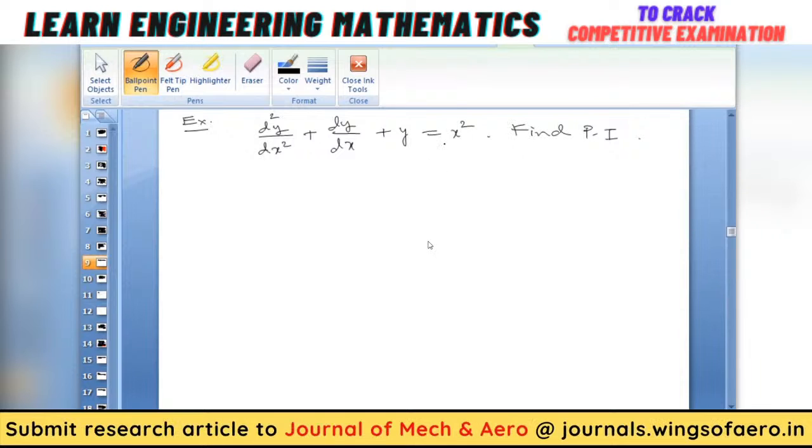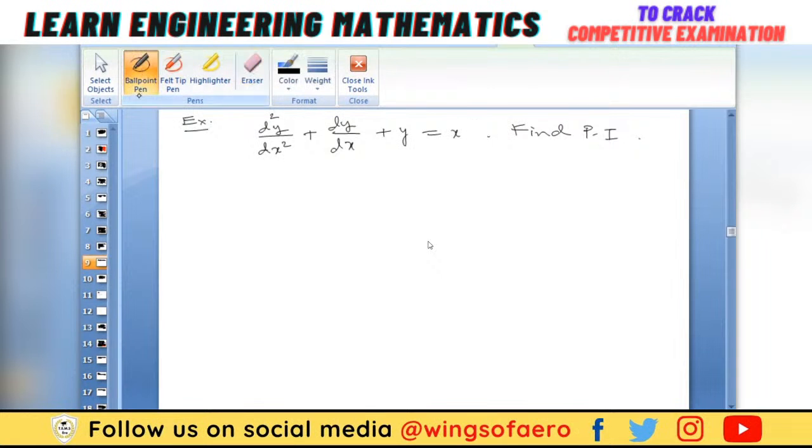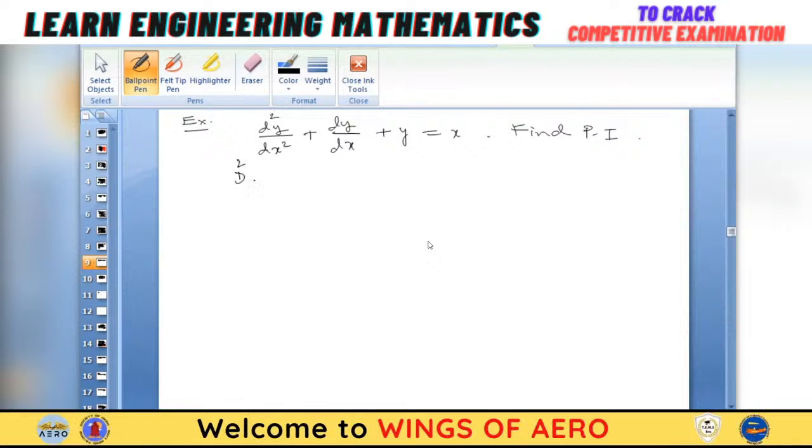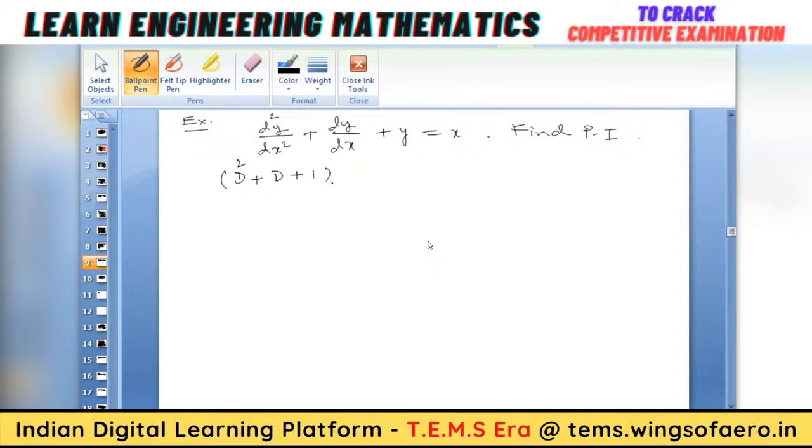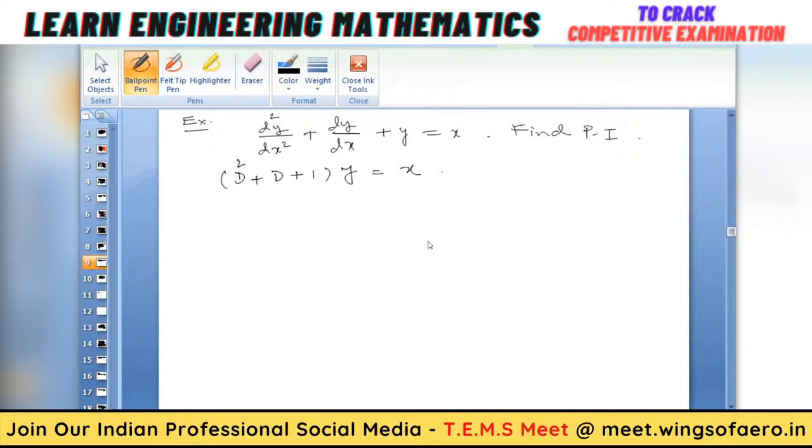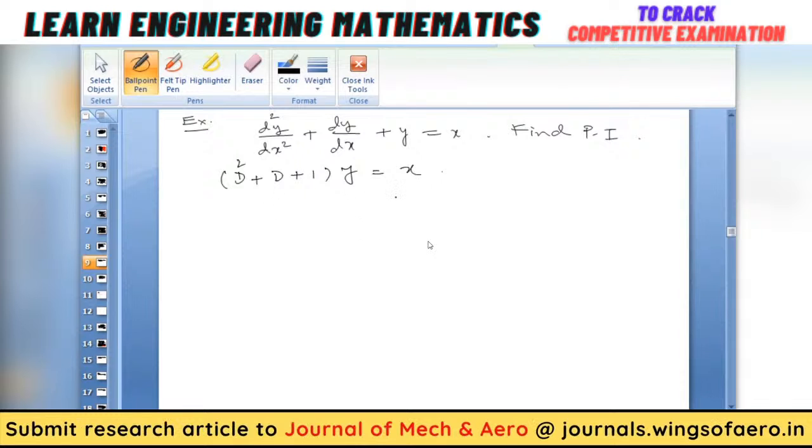Okay, so look at this function. First I am doing it for x. Now it becomes d square plus d plus 1, y is equal to x.